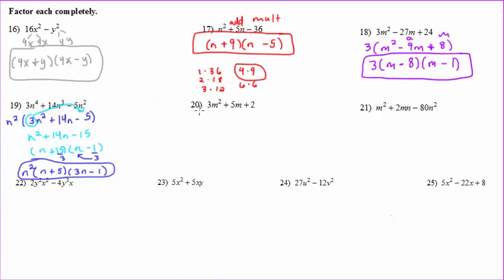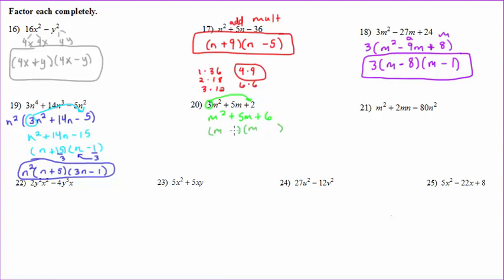Okay, number 20 is a straight up slide and divide. There's nothing in common I can take out, no variable in common. So slide that down, m squared plus 5m plus 6. I'm going to figure out what multiplies together to get 6 that will add to get 5. And so I put that in my parentheses.